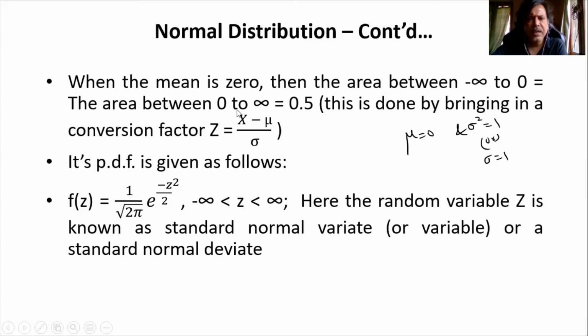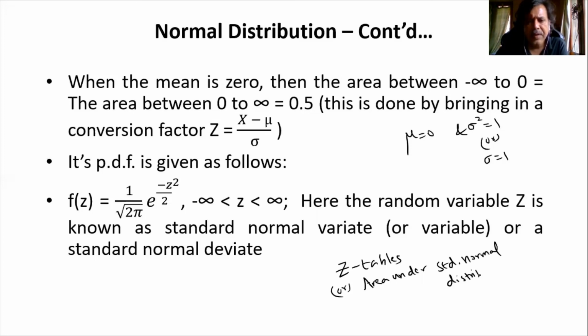Why is this conversion factor very useful? Because if you want to find a probability directly, you may have to use definite integrals. Instead of using integration, if I can convert this, then I can refer to Z tables to find the probability, also called the area under the standard normal distribution.